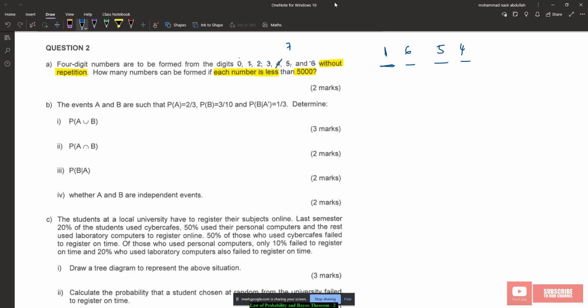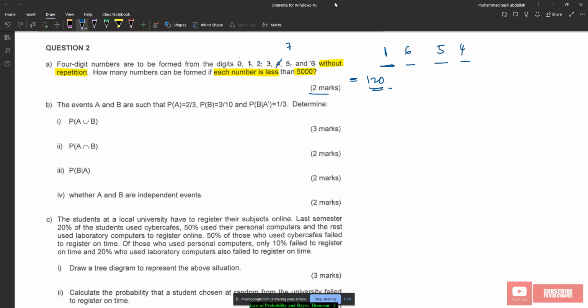So by using theorem number 2, 1 multiplied with 6, multiplied with 5, multiplied with 4, how much should it be? 120. Yep, good. So this one should be 120. Should be very simple because it's 2 marks.